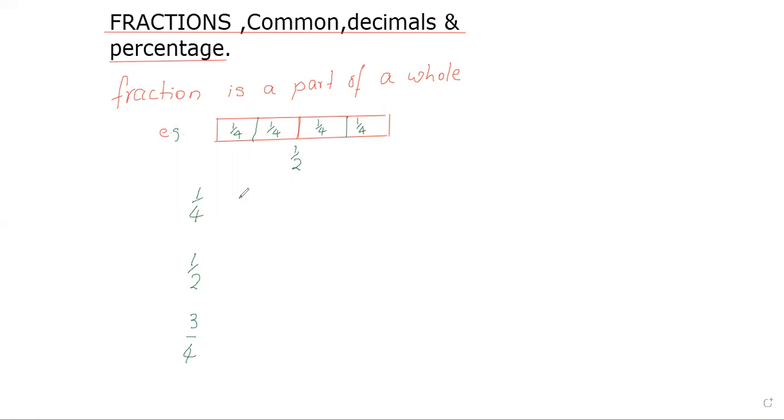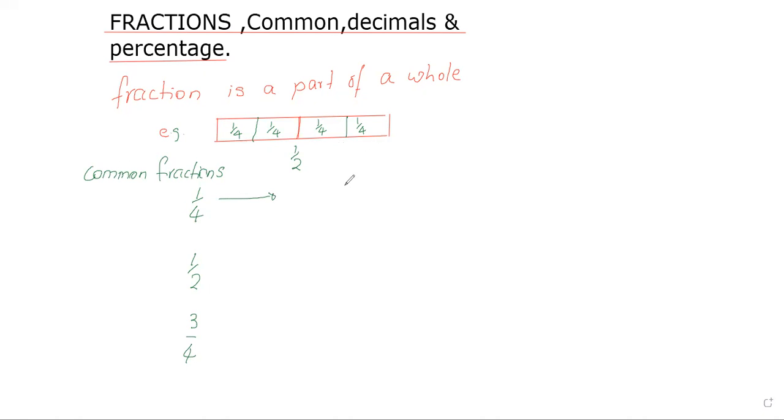Now, let's express these common fractions. These are common fractions as decimals.